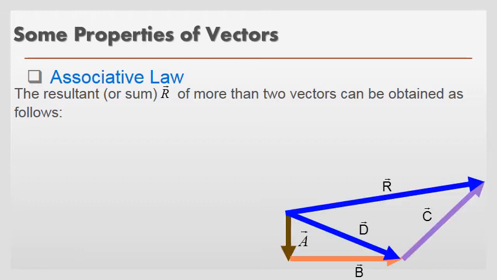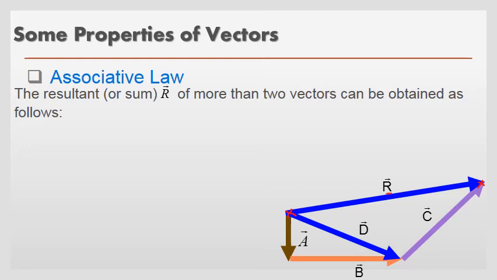For example, if you have the vectors A, B, and C, which are head-to-tail vectors, and we decide to find geometrically the sum or the resultant of those vectors, we obviously know that we can do that easily by just drawing the vector R from the tail of the vector A, and then we draw a line to the head of the last vector C, and then you get the resultant.